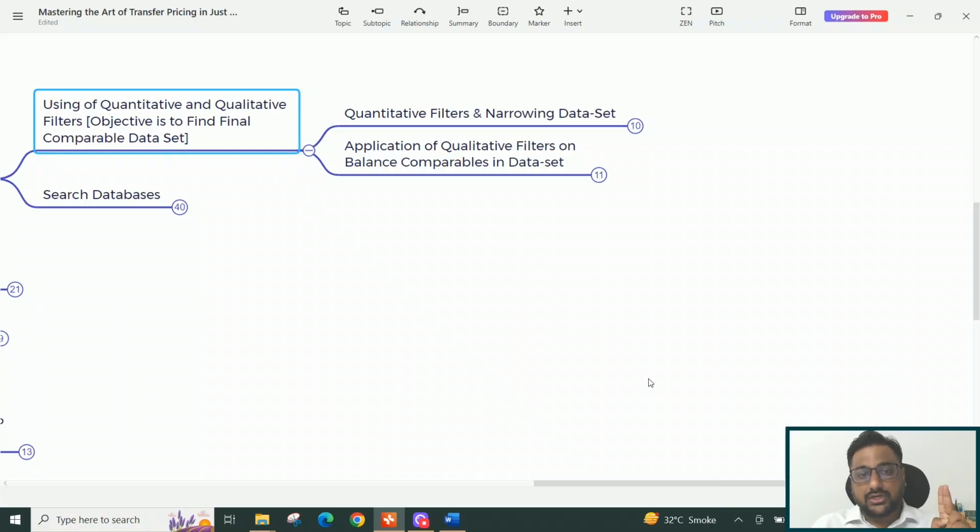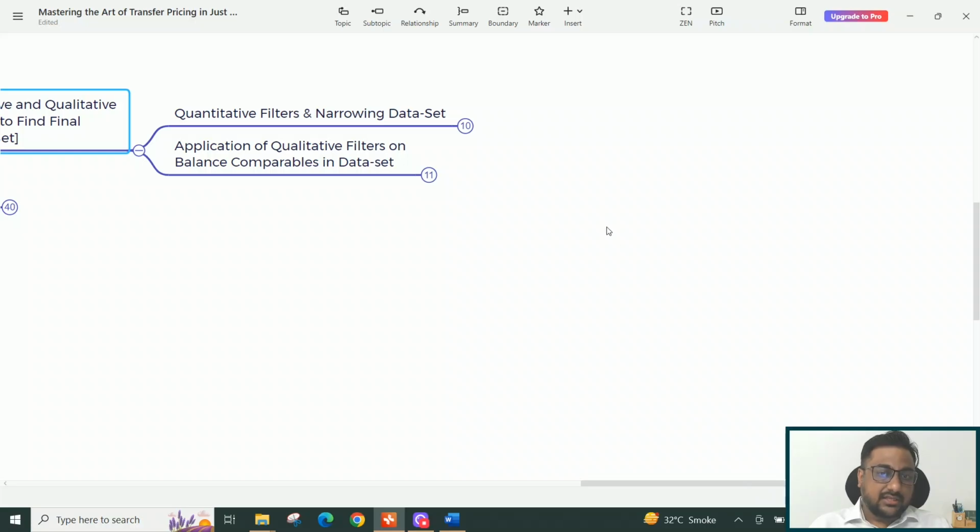First is the quantitative filter and the second is the qualitative filter. The quantitative filter deals with particular financial data which is available in the database, and the qualitative filter deals with qualitative aspects of that particular comparable company. We'll see what types of qualitative and quantitative filters there are. I'll start with quantitative filters first.